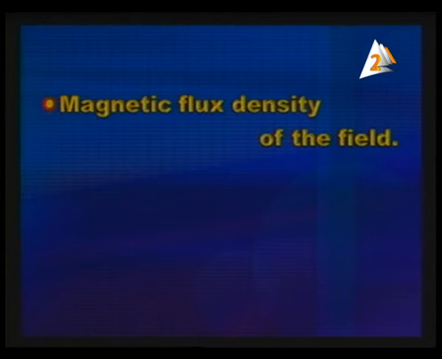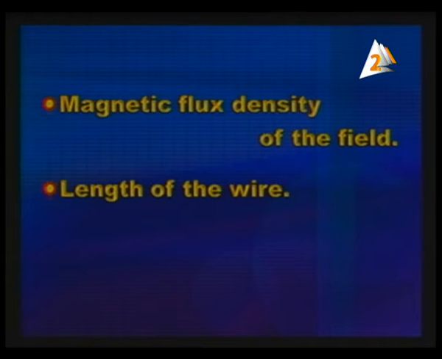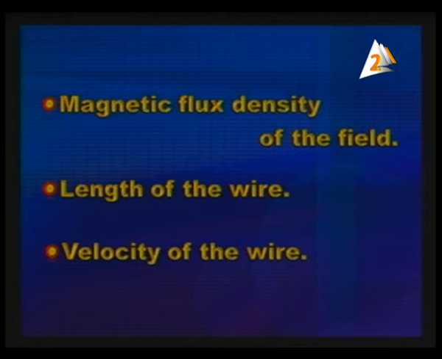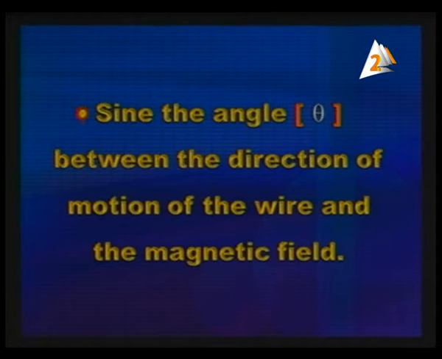Second, the length of the wire, and the velocity of the wire. And finally, the angle between the direction of motion of the wire and the magnetic field. All factors are taken from the expression: EMF induced is equal to BLV sine theta.